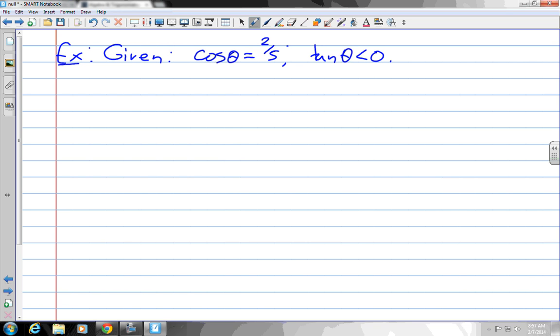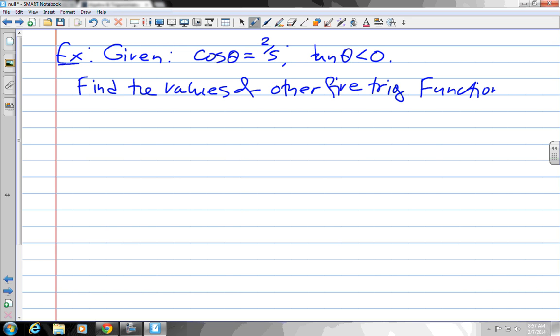So I want to find the values of the other 5 trig functions. Okay? So what is given to me is that cosine theta is 2/5. So again, I'm going to look at the circle.